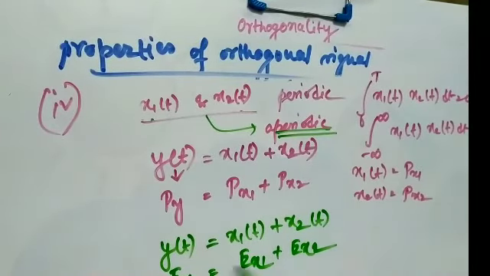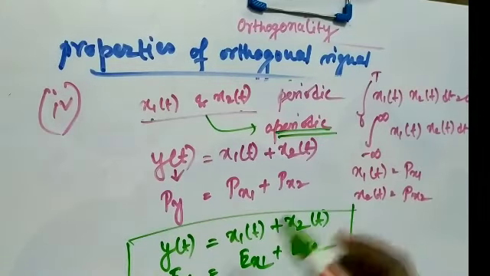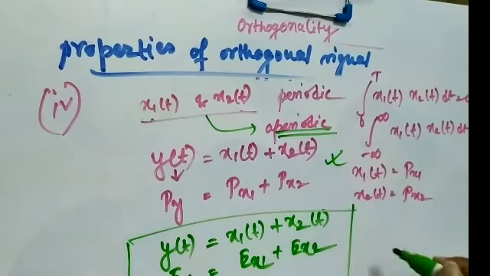This is the periodic signal condition, and this is the aperiodic signal condition. All these conditions for periodic and aperiodic signals are true if the signals x1(t) and x2(t) are orthogonal in nature. So these four properties are present for orthogonal signals.